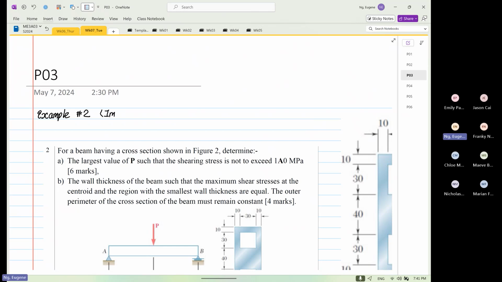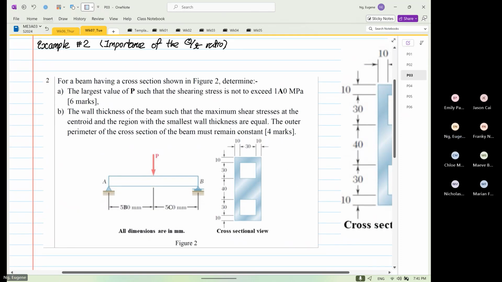This is the importance of the Q over T ratio that I want to highlight.